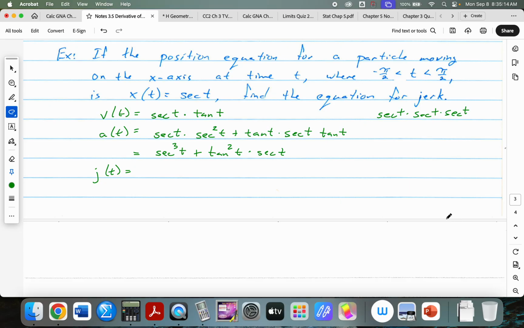Basically, it's a three-part product rule. So here's how that works. What we're going to do is we're going to take the first two, so secant t times secant t, times the derivative of the third.